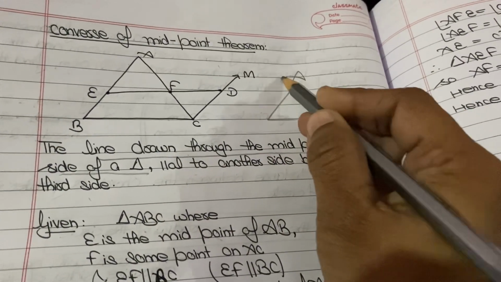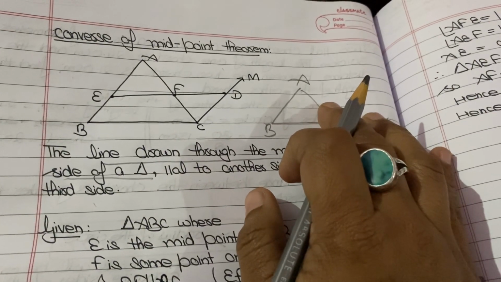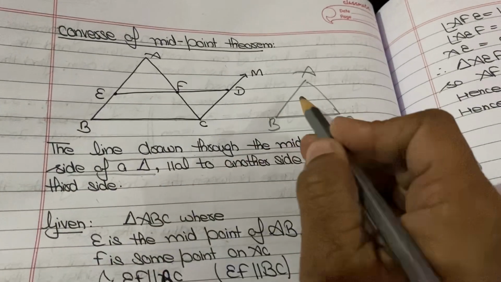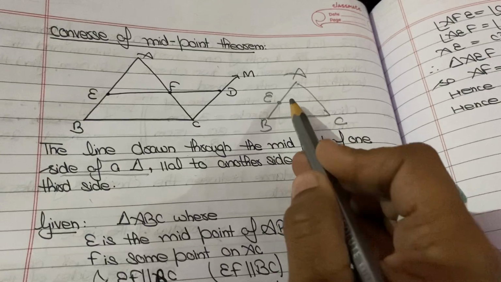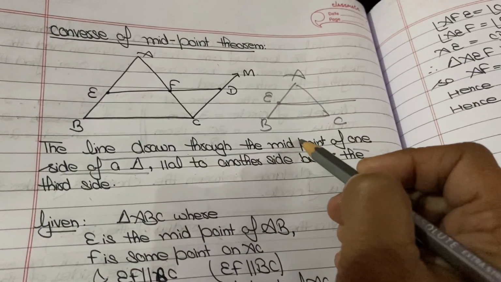I can name it A, B, C. So this is a triangle. A line drawn through the midpoint of one side of the triangle, and drawn from that point parallel to another side.